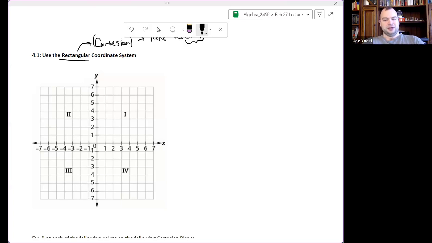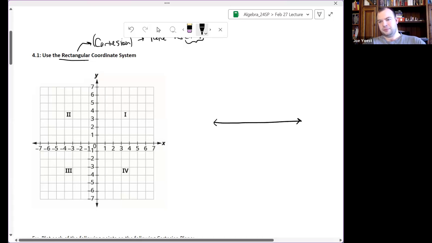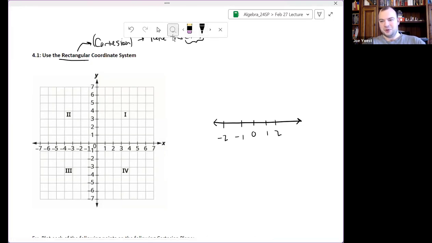And basically the idea is to construct this. We take a number line. We've seen a number line like this before many times. We take such a number line, and let me see if this will work.